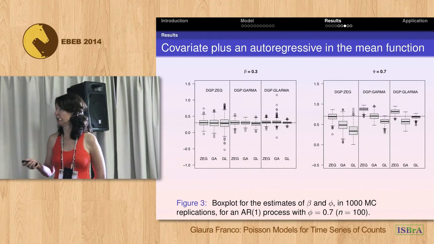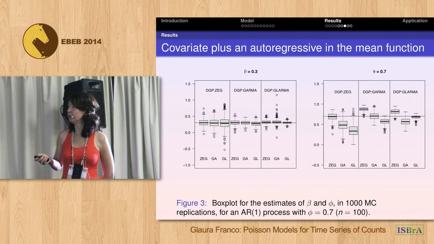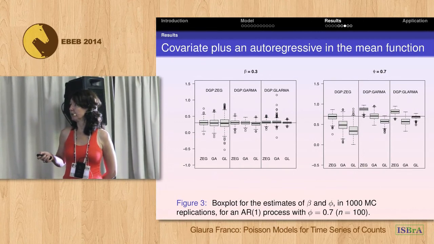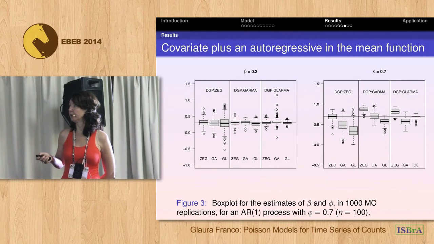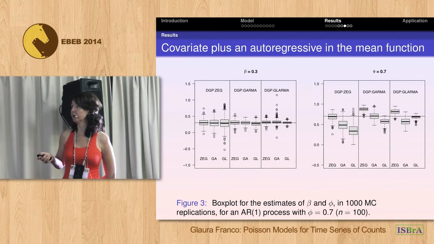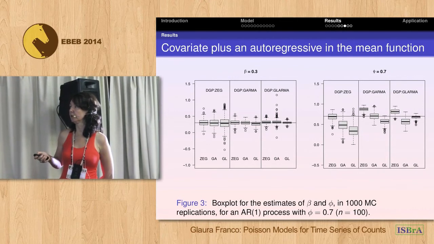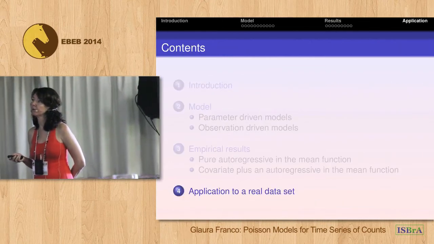And I just want to emphasize here that the Gamma model tends to underestimate the phi parameter when the DGP is one of the other two. So it gets close here when it generates the same, but it underestimates. And this we will find in the application.